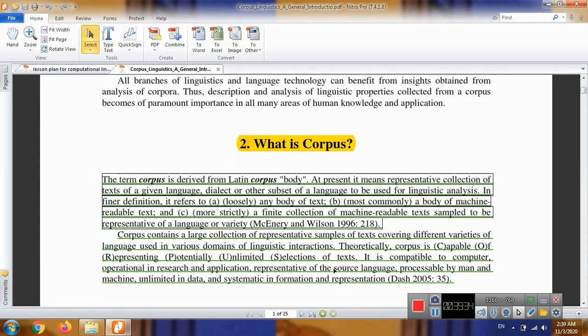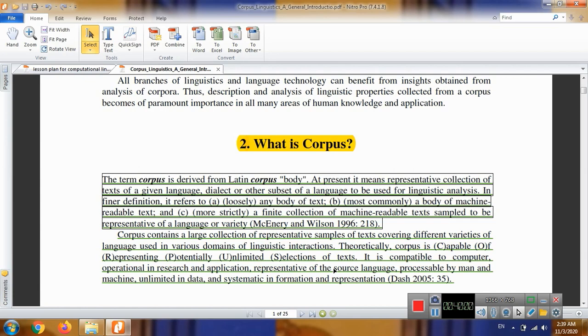The term corpus is derived from the Latin corpus, whose original meaning was body, and it means a representative collection of text of a given language, dialect, or other subset of a language to be used for linguistic analysis.